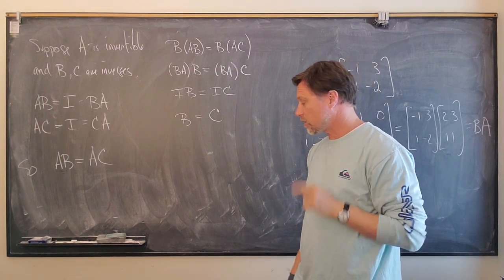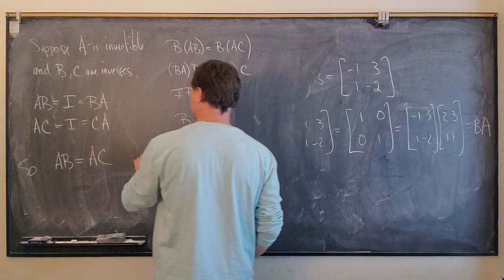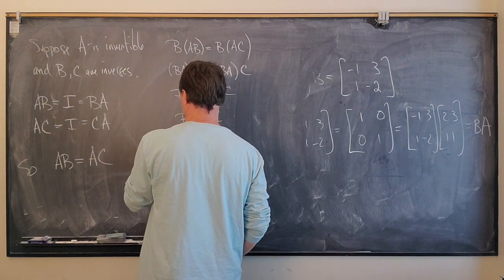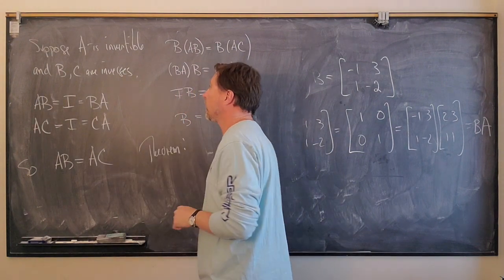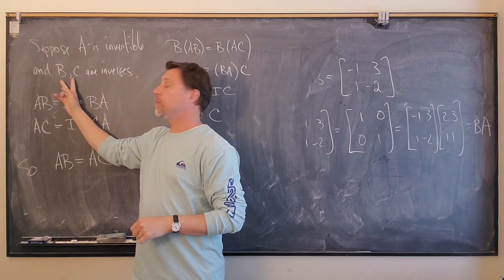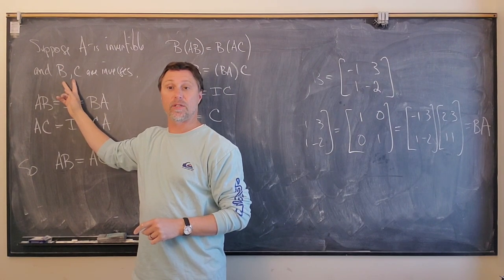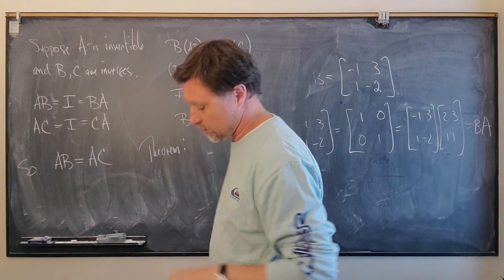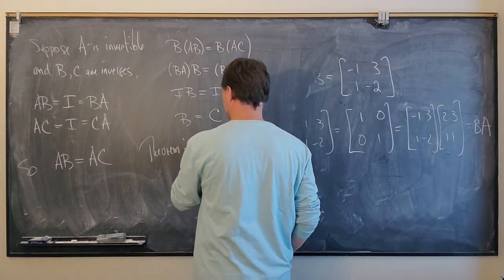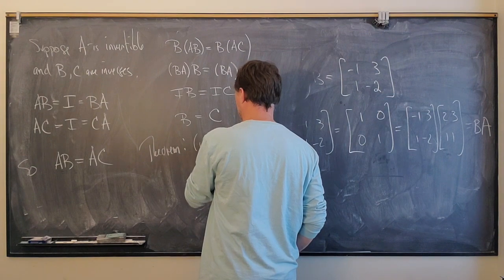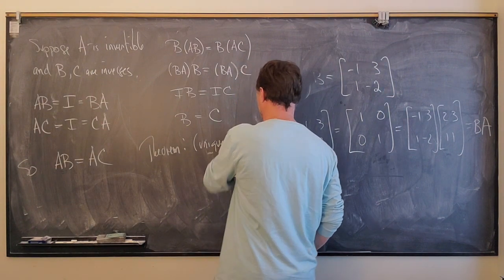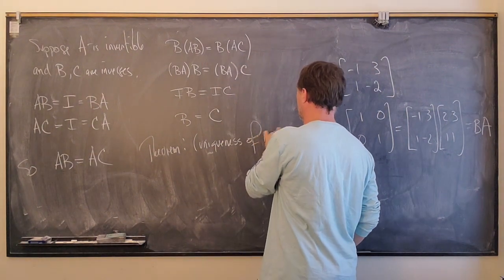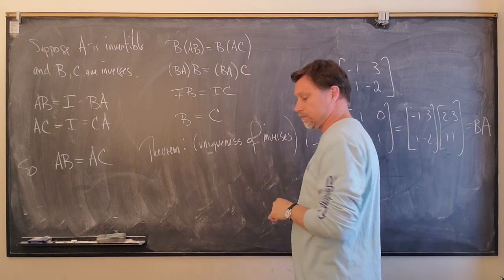So what did we just do? We just proved a theorem here. So let's call this theorem. What we showed is, if A is invertible and we have a couple of matrices that behave like inverses, they actually turn out to be the same matrix. So inverses are unique. Let's label this uniqueness of inverses.